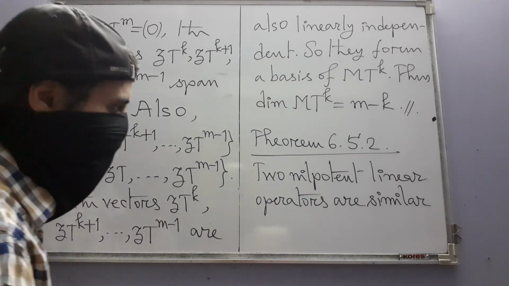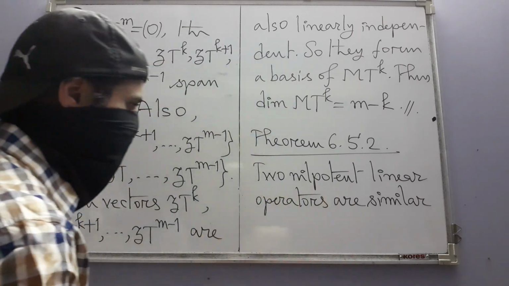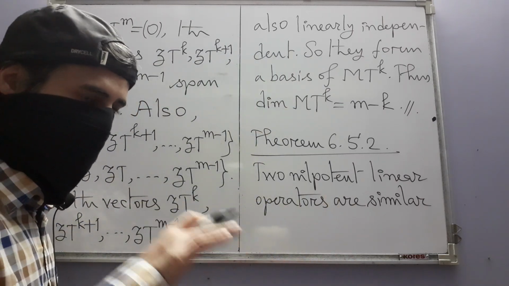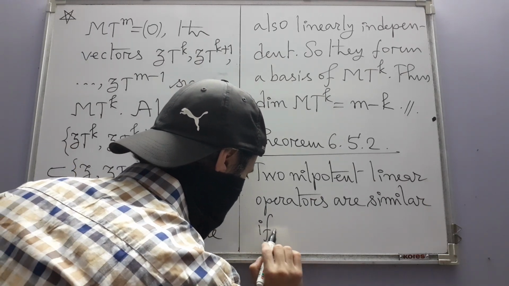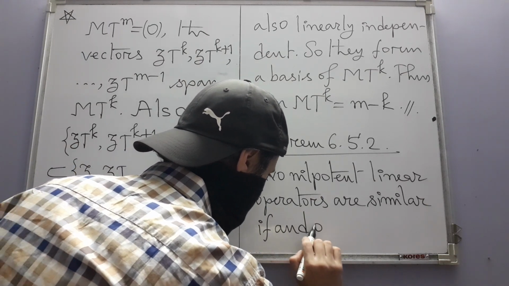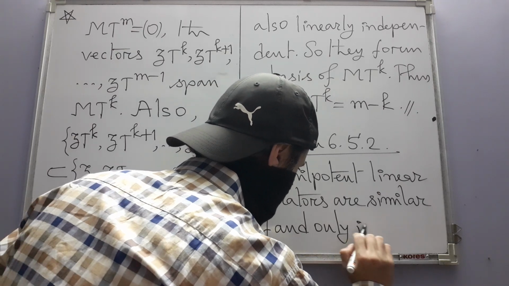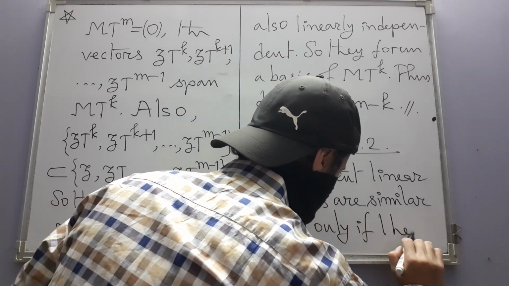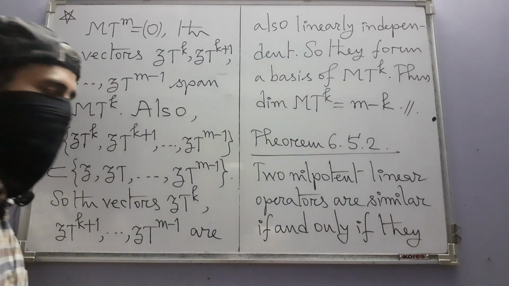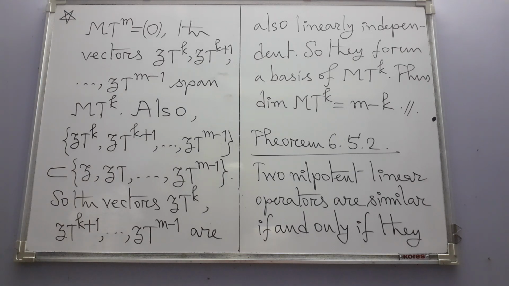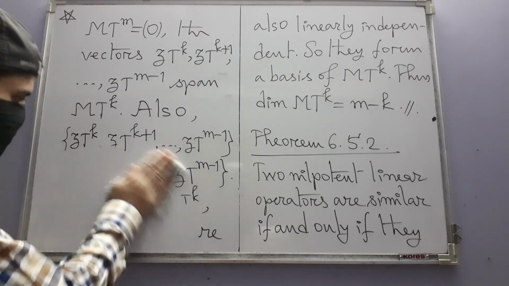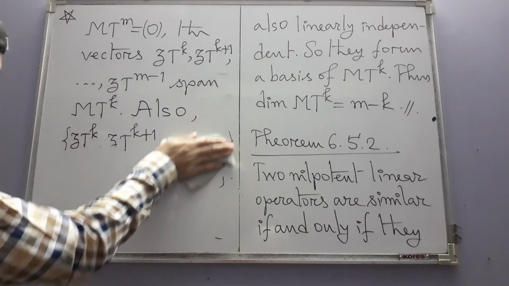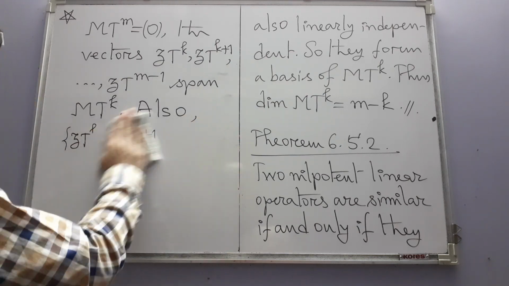Two nilpotent linear operators, of course over the same vector space, are similar if and only if they have the same invariants. The invariants are same, or more specifically, the set of invariants is the same for both of them.